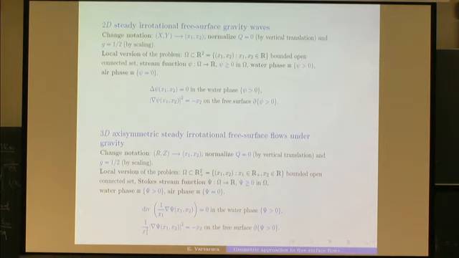It has a jump in the gradient and so on. So the free boundary now becomes the boundary of the 0 level set. And then, as I said, vorticity is less important here.